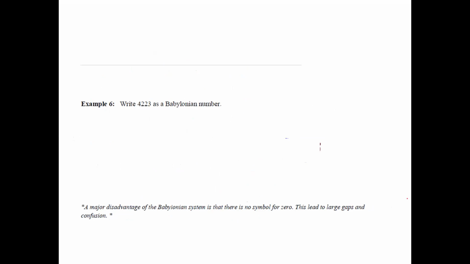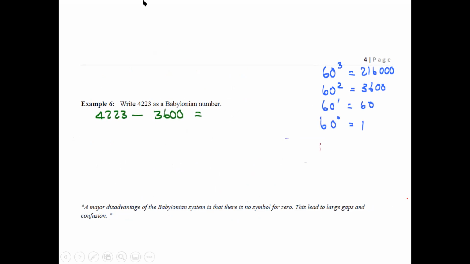Example 6, let's write that in Babylonian numbers. So we're going to be converting that using the V and the less-than symbol. Here's a little side key for you to kind of memorize that. So looking at this number minus 3,600, which is going to equal 623, you should probably be able to go ahead and replace this with a 60 squared.